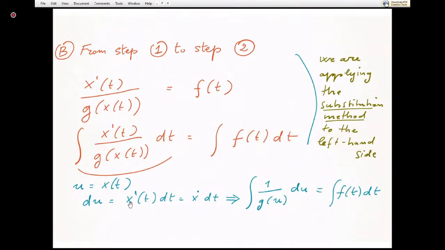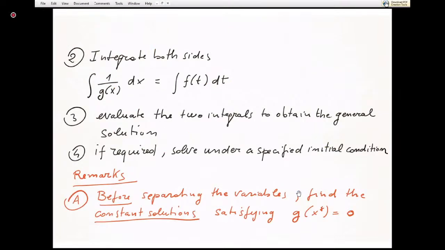Now, we don't need to call the variable u, we can just call it x. So it's 1 over g of x dx, which is precisely what we get in step 2. But what is important is that you don't integrate here with respect to t, but with respect to x, which is our u in the standard notation for the substitution.